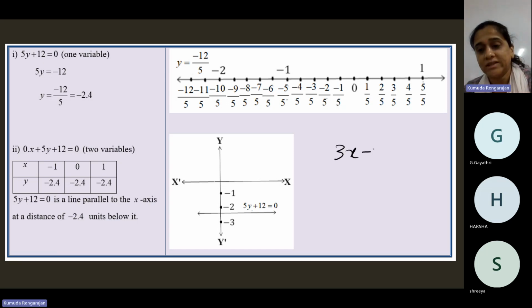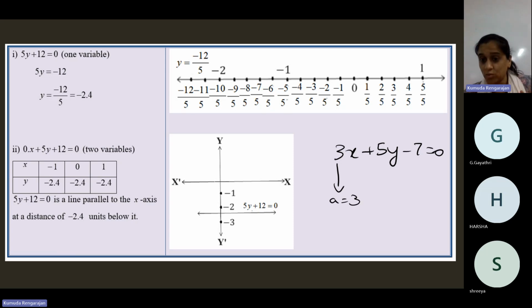When you have equations like this, see, 3x plus 5y minus 7 is equal to 0. That is where the value of a is not 0, where the value of b is not 0. When either a or b is 0, then they'll always be parallel to the x-axis or y-axis.